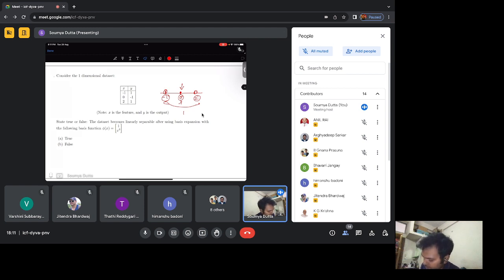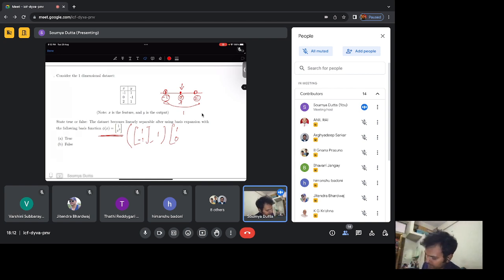So that is why you go ahead and you augment the data set by this. This becomes your new basis function. So your data set now becomes something like this. The first data point becomes 1 1, and the label is 1. The second data point is 1 minus 1, sorry.